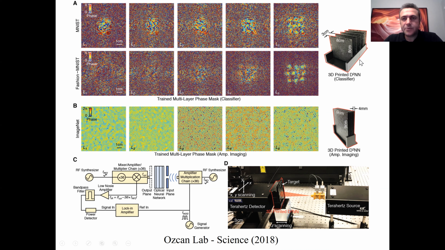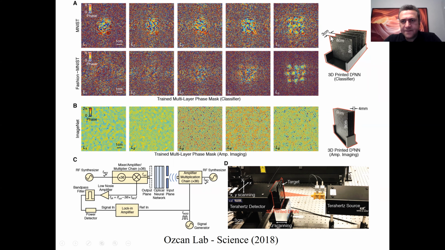Depending on the wavelength of operation of this coherent processor, you can select different fabrication methods. Many of the results that I'll share with you today have been fabricated after their design using standard 3D printers, because we've selected the terahertz part of the spectrum to demonstrate the efficacy of these systems. For example, this is a design that processes handwritten digits, 5 layers put together as shown here.